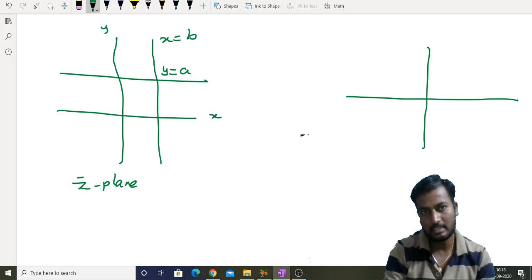When a line parallel to the x axis, y equal to a, is mapped to a parabola, this is minus a square comma 0.